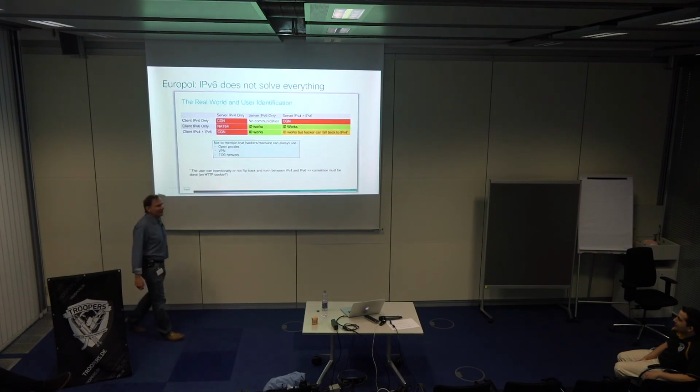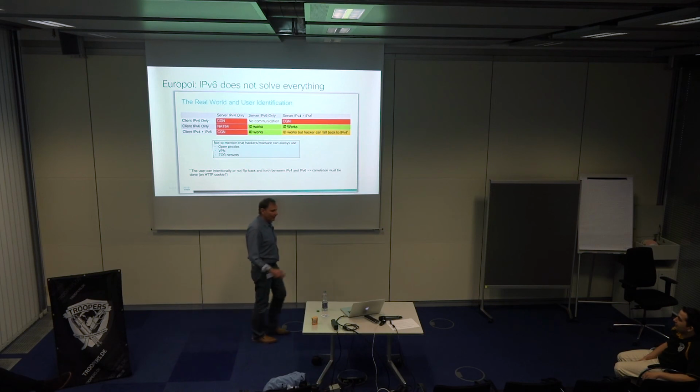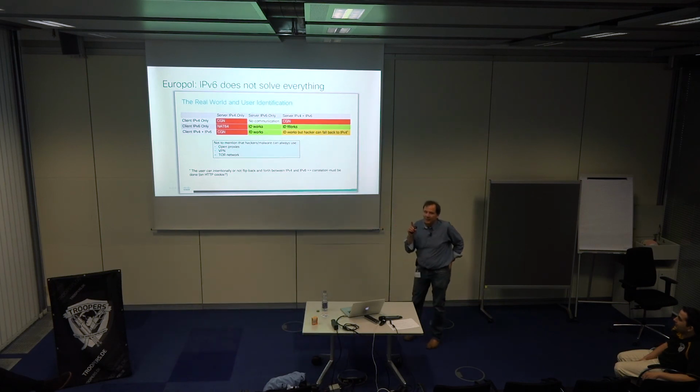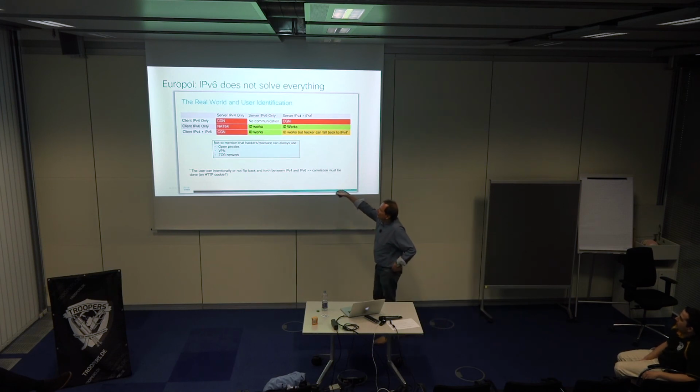And now I presented this graph, this slide, sorry, which basically says, okay, we need to move to IPv6, right? And that was my point, but it's not always enough. Look at this table. Whether the client is IPv4 only, v6 only, or dual stack, and whether the server is IPv4 only, IPv6 only, I don't know about many of them, or the server is dual stack.